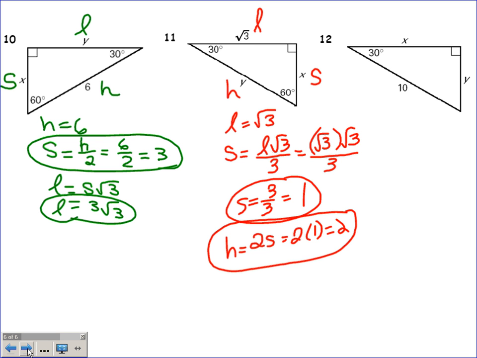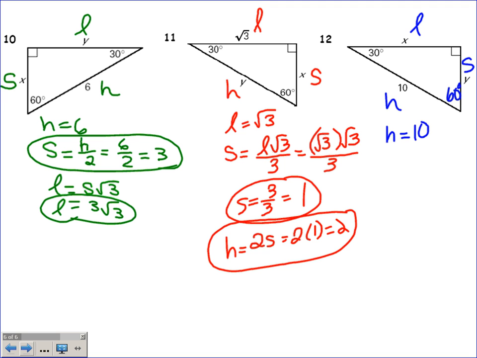Silas, number 12. 60 is the missing degree. What do I do next? Okay. Which one do they give us? Hypotenuse equals 10.